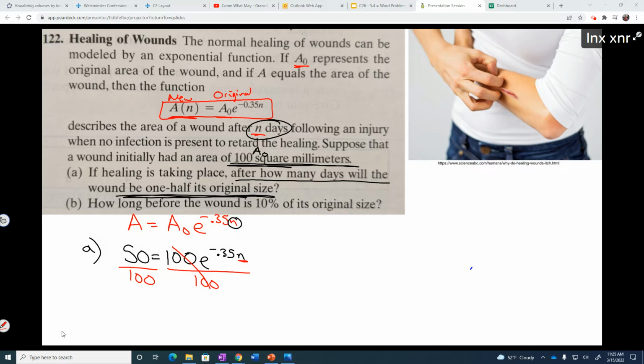So 50 divided by 100 is a half. We can just actually do 0.5 because there's decimals already in this equation. So it'll be 0.5 equals e to the negative 0.35 n. Everybody tracking so far?